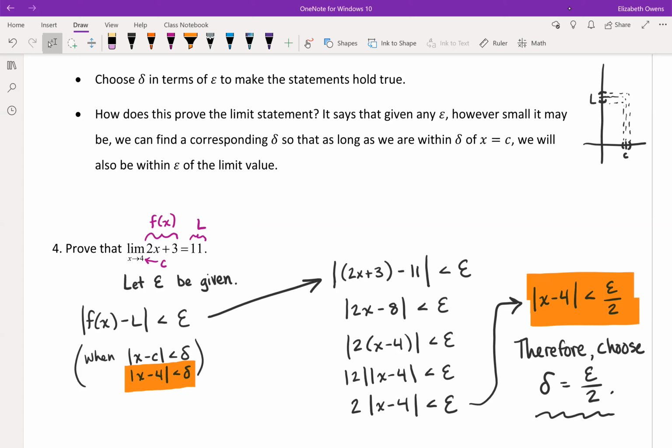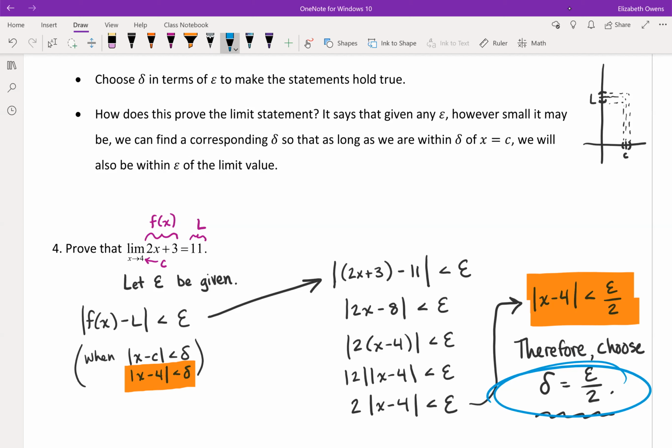We automatically know now, after doing this proof, we instantly can tell them what the delta needs to be to go with that epsilon. If they told us epsilon is 0.02, we're going to say, all right, your delta is that epsilon divided by 2. So your delta is 0.01. That was fast. We didn't have to go through a graphing process. We didn't have to go through a full algebraic manipulation again.